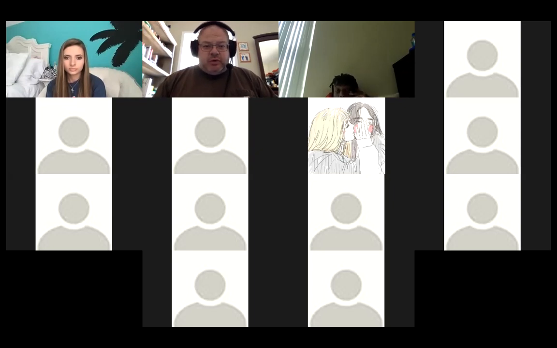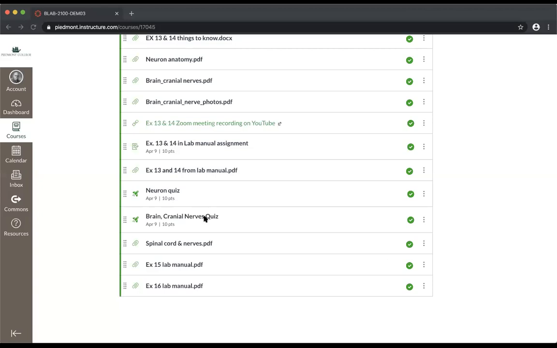Let's go back to Chrome. Neuron quiz due today, as well as brain and cranial nerve quiz. And again, I don't care if you guys sit with your lab manual in front of you. You should be able to do reasonably well on these. They're just basically identifying things, different types of neurons. We talked about the pseudounipolar a lot today.